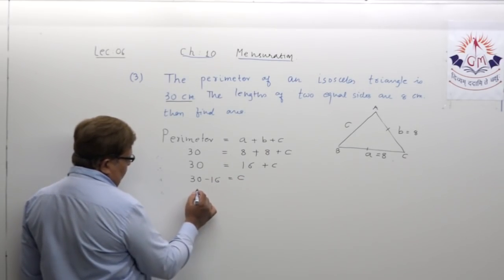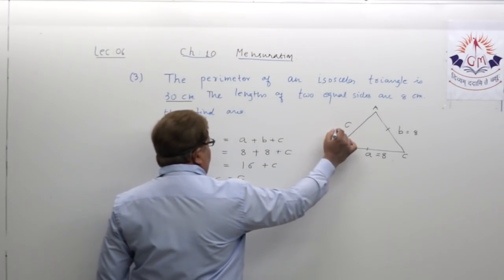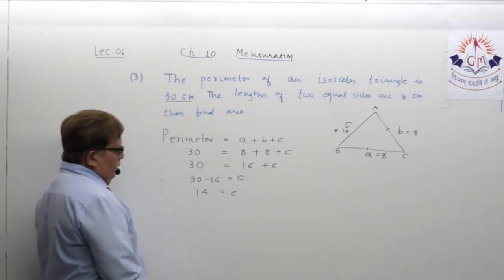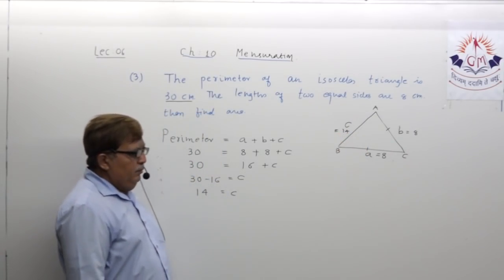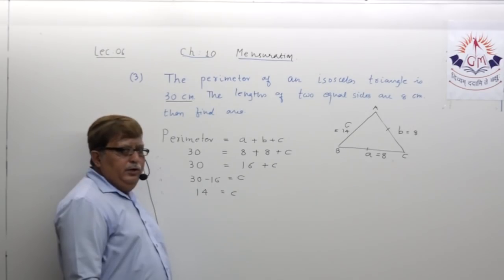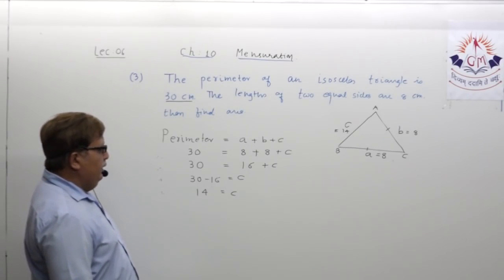So you got 14 equal to c. So c is obtained already, 14. Now we have all sides: a 8, b 8, and we found c as 14.